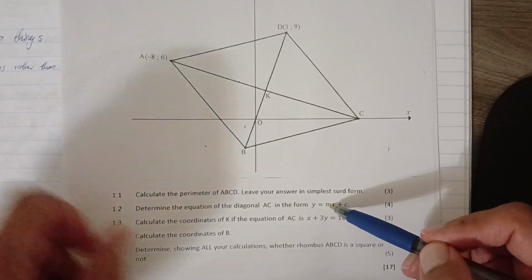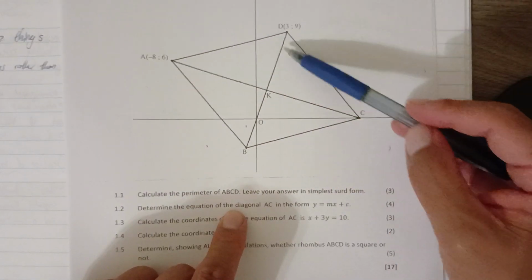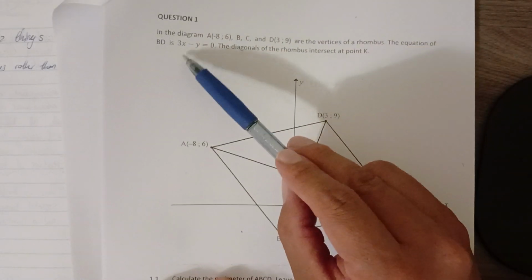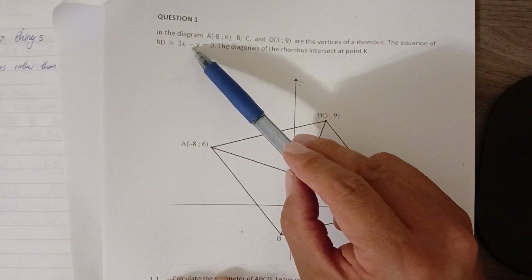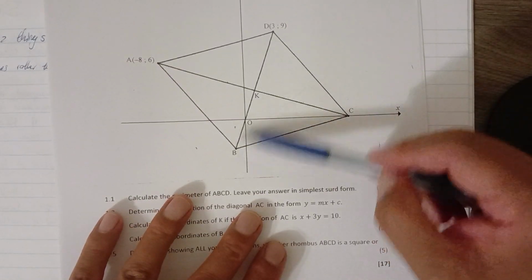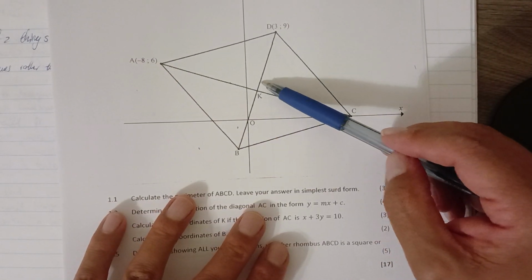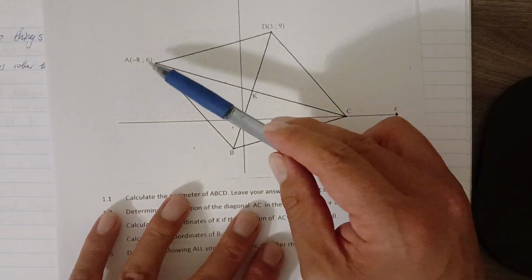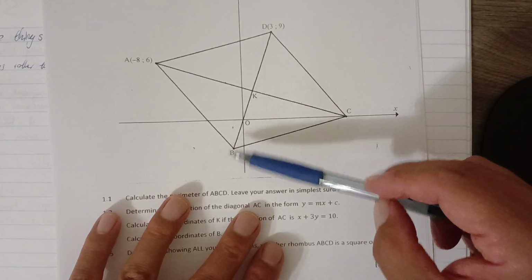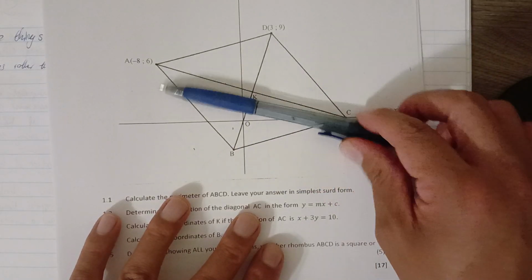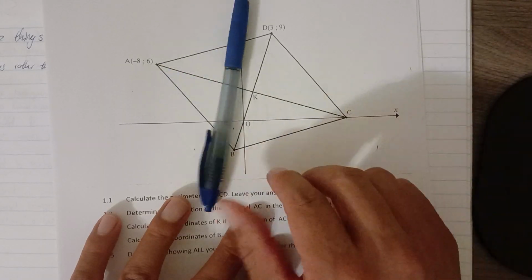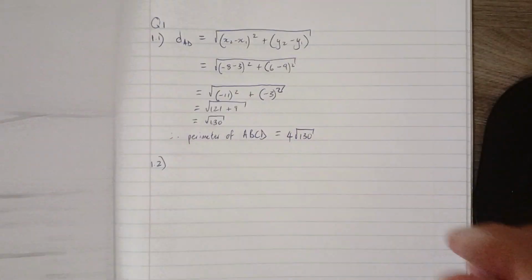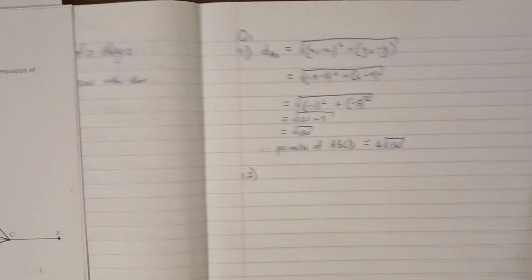But they did give us the equation of BD, right? So from the equation of BD, I can determine the gradient of BD. And because the diagonals intersect at 90 degrees, that means that AC and BD are perpendicular to each other. So the gradient of AC would be the negative reciprocal of the gradient of BD.